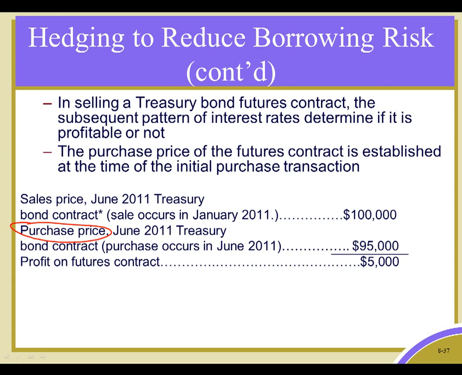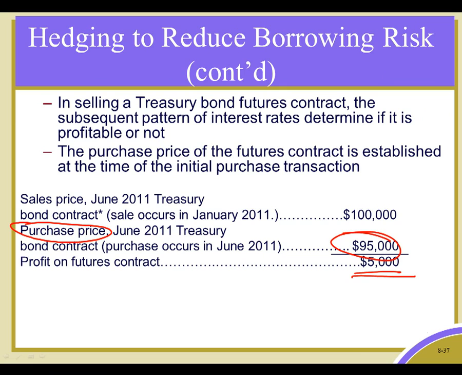Let's say bond prices have gone down from $100,000 down to $95,000. We never actually bought or sold a bond. What we did was we bought and sold a future on the bond, and these are referred to as derivative securities. Futures are a form of derivative. They're derivative because their value is derived from the underlying asset, in this case a bond, and so we end up with a profit on the futures contract of $5,000.